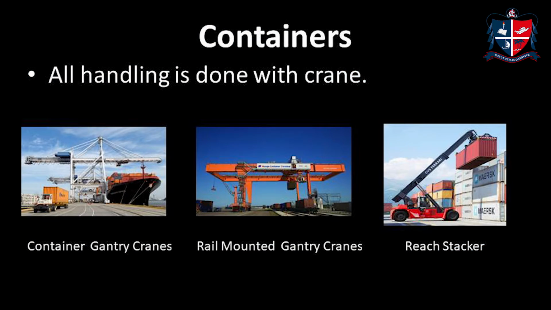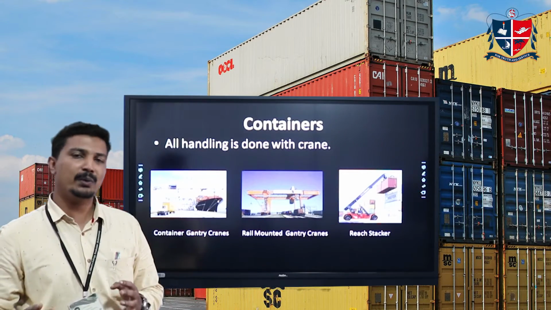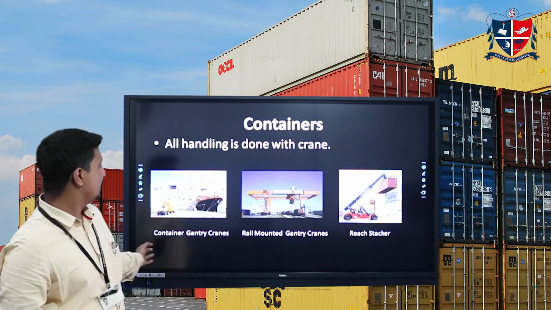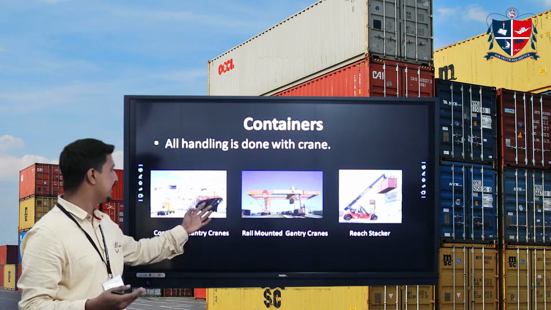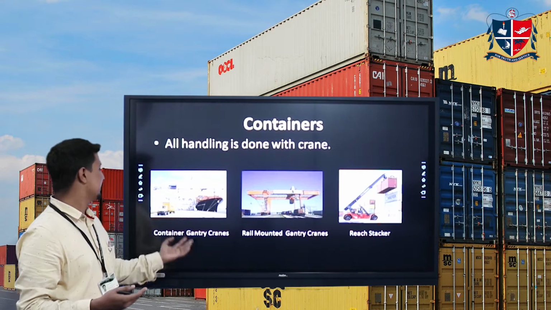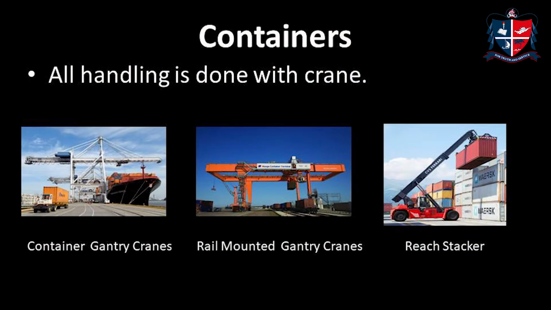Coming to the next feature, all the containers are loaded and unloaded using cranes only. Once the container comes to the seaport, we have to offload that container to the trucks. Directly from the ship, we use container gantry cranes to offload the containers to the trucks, and we use rail mounted gantry cranes to offload the containers to the rail.